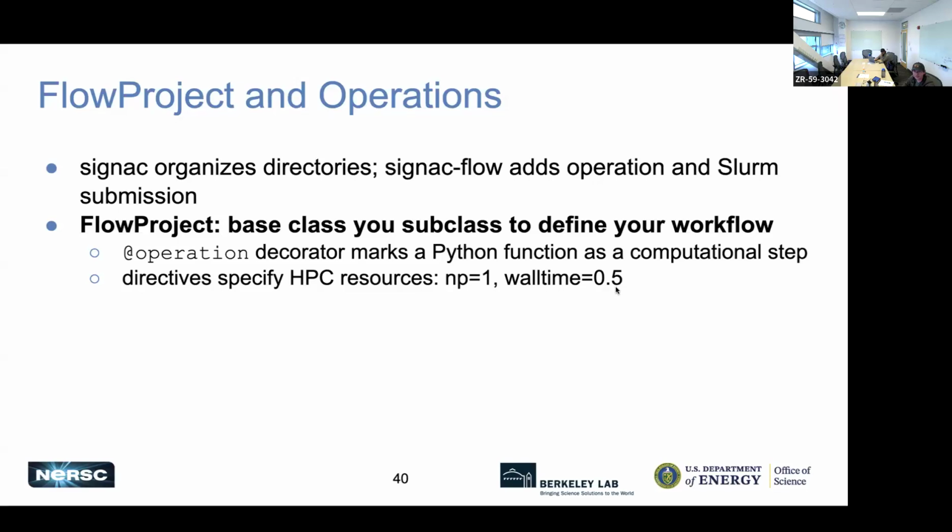I do not know the units of wall time off the top of my head. I think this is an hour, so I think this is going to be 30 minutes, but I am not 100% sure about that. I expect there would be a question in somebody seeing this, but NP one node. So this piece is the bridge between what you're writing in your Python script using Signac Flow and what's actually going to happen in Slurm when you run it.